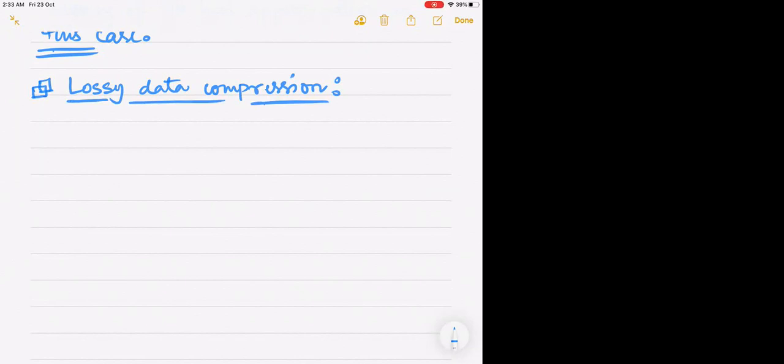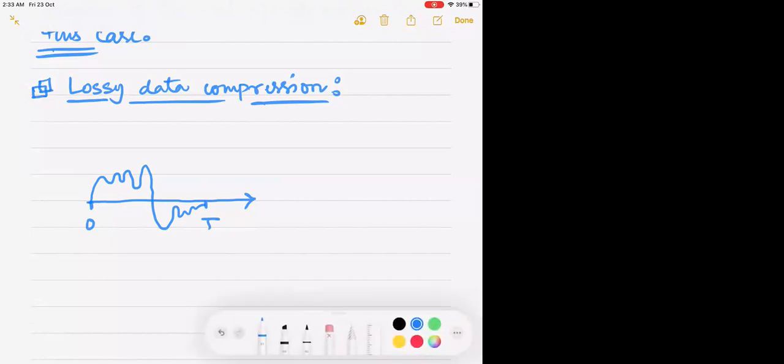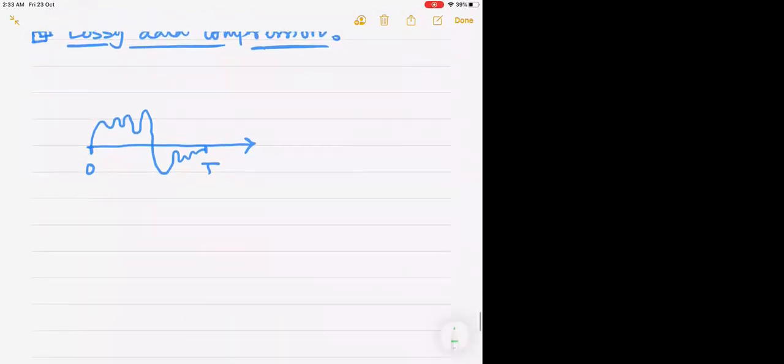So for example, once again, let us look at a finite period of time. I'm not saying that the function is periodic, but suppose there is some function which is described in this interval 0 to T. What I can do here is first find out the average value of this function.